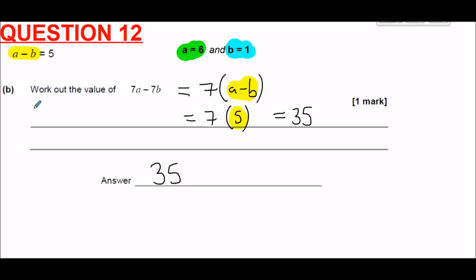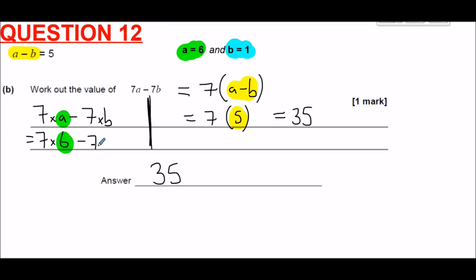In that case, 7A, which means 7 times A, 7B, which means 7 times B, would mean 7 times 6, because we're using the fact that we can say A is 6 if we like.